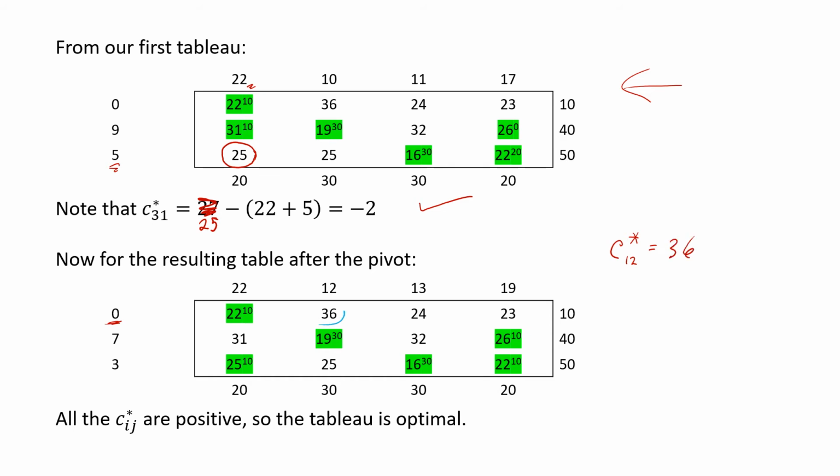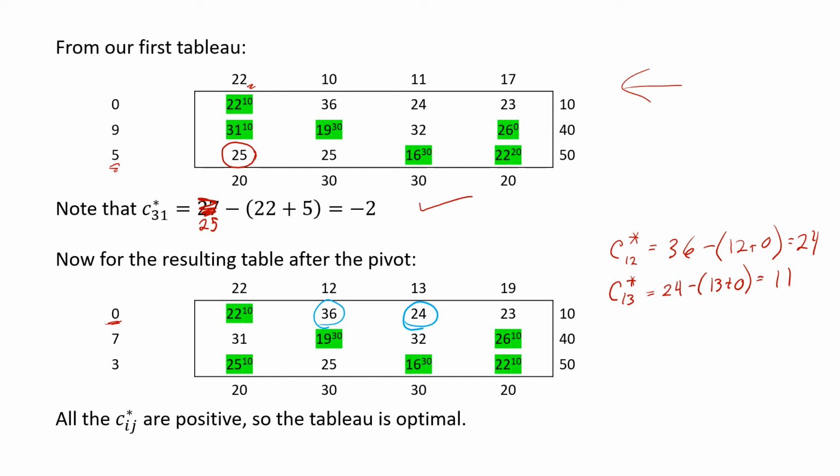This is my C12 here. It's equal to 36 minus the sum of the U and V for that column, 12 minus 0, which is equal to 24. My C13 star, that's my next one in there, is 24 minus 13 plus 0. So 24 minus 13, that's 11.